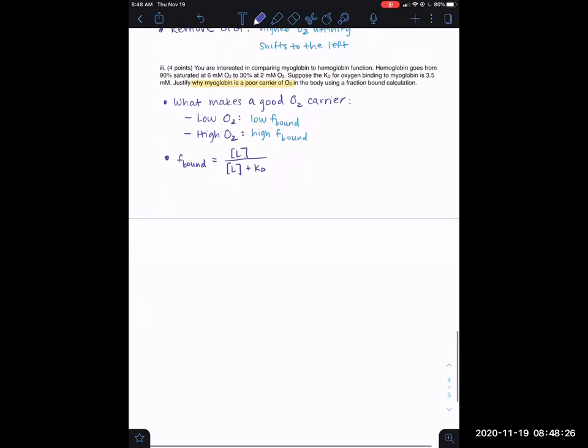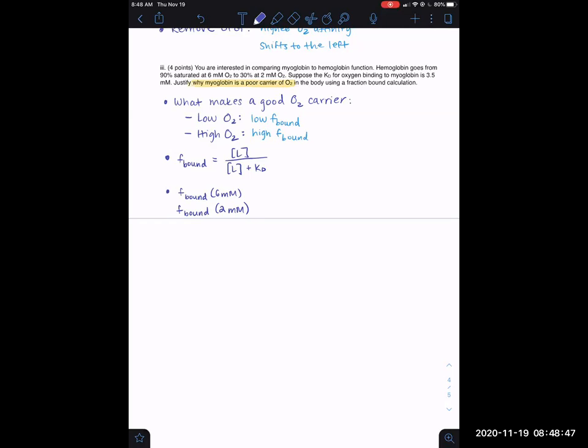We can calculate the fraction bound at 6 millimolar and at 2 millimolar for myoglobin using this equation and the given Kd, and we can compare them.